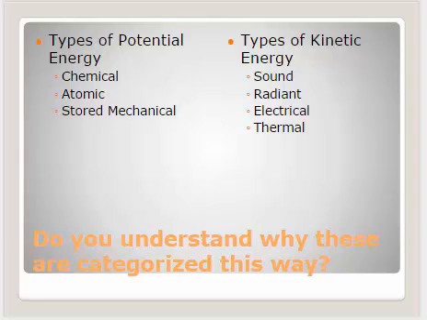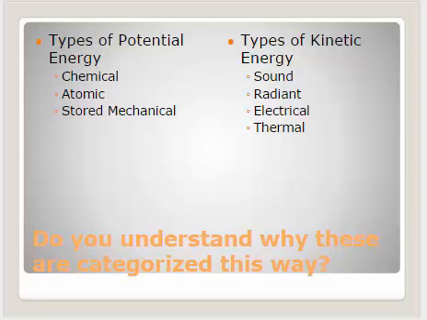We can categorize all the forms of energy we discussed last lecture into potential or kinetic. Types of potential energy are chemical, nuclear, and stored mechanical. Types of kinetic are sound, radiant, electrical, and thermal. Do you understand why these are categorized this way? That's right.